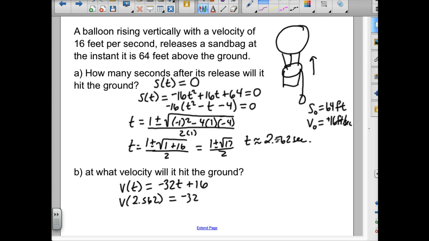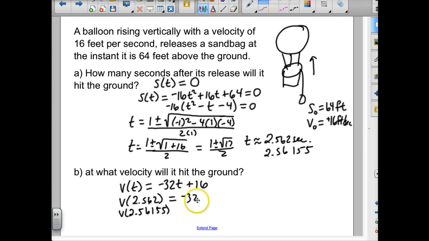I should have used 4 decimal places if I'm going to do any further calculation. So 2.56155 is what I should be plugging in here. Since I'm doing further calculation, you should use at least 4 decimal places.